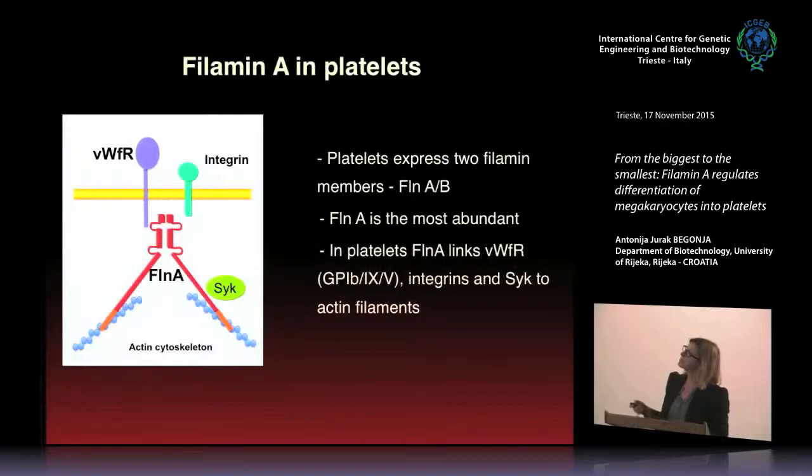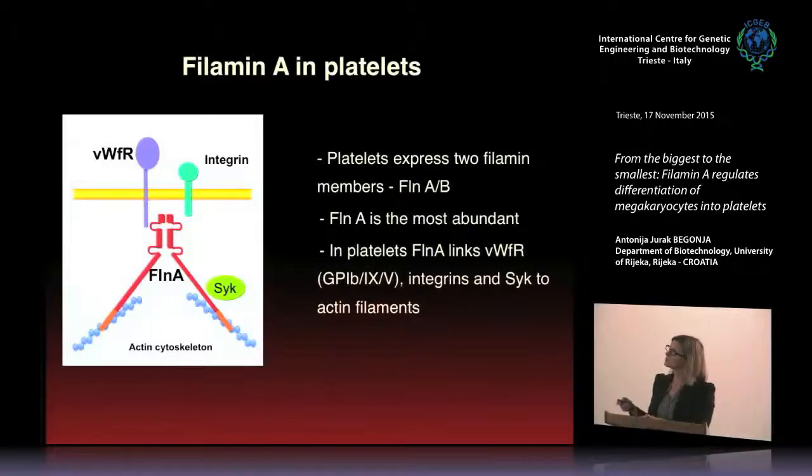So Filamin A in platelets, there are actually two isoforms, Filamin A and B. Filamin A is the most abundant, and Filamin A is the one that actually links one of the most important receptors on platelets, which is the von Willebrand factor receptor, to the underlying cytoskeleton. It links integrins and also Syk kinase.